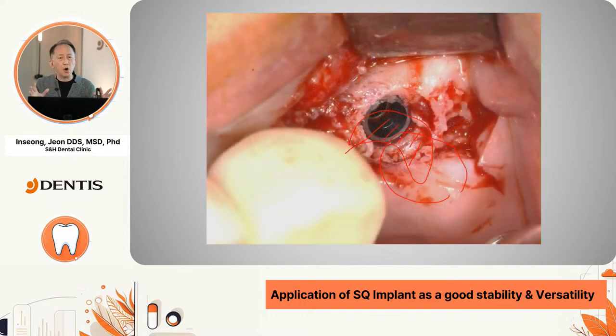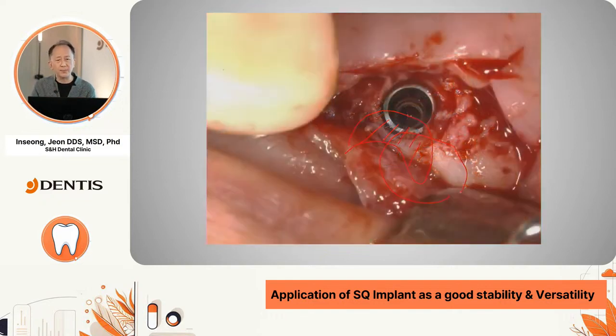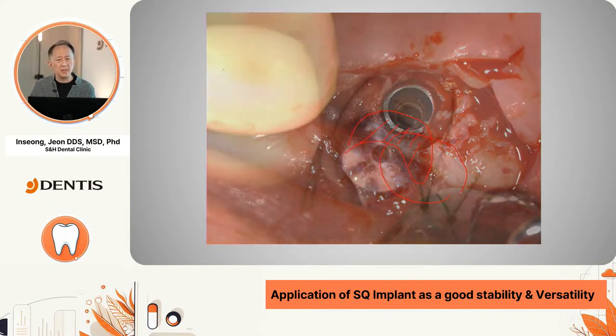The enlarged hole is very similar to the countersink drill, but the countersink drill and bone profile drill are different. The countersink drill is for the tissue level implant. So for the bone level internal type SQ implant, the bone profile drill is better. And then, deeper placement versus shallow placement, the result 10 years later is totally different here.